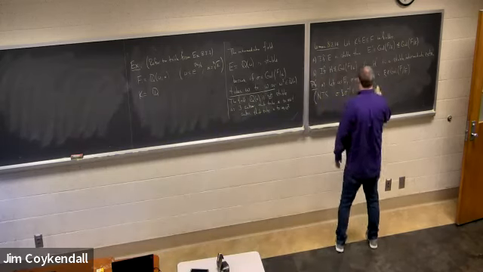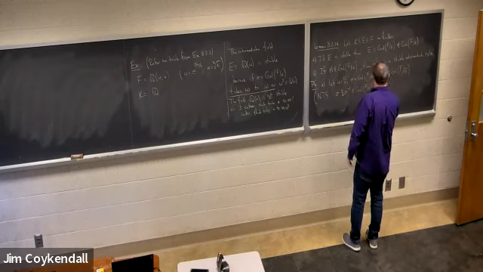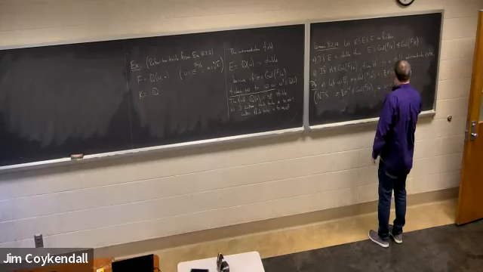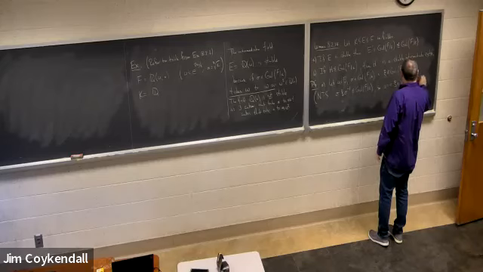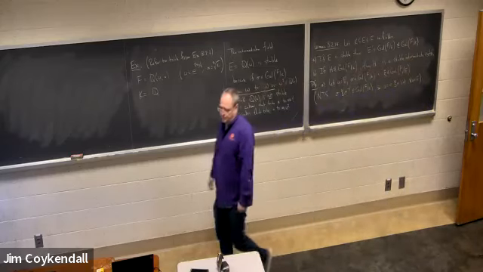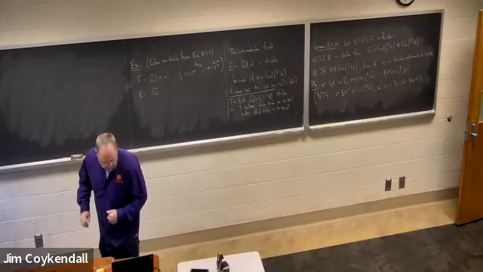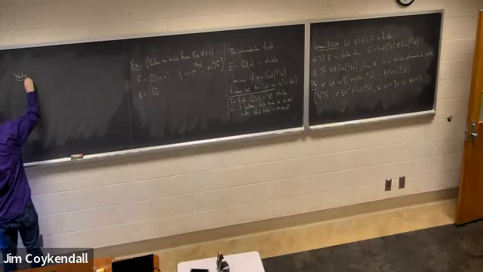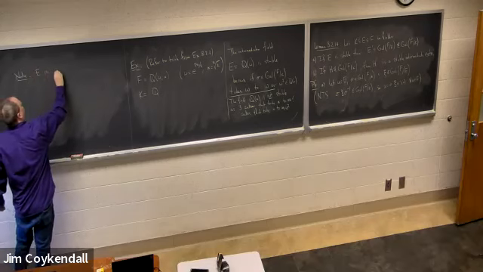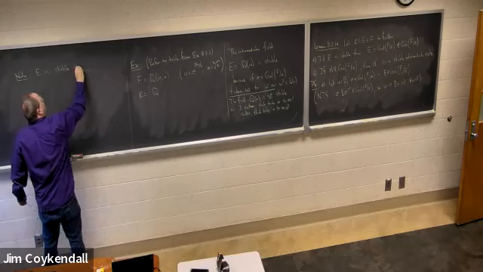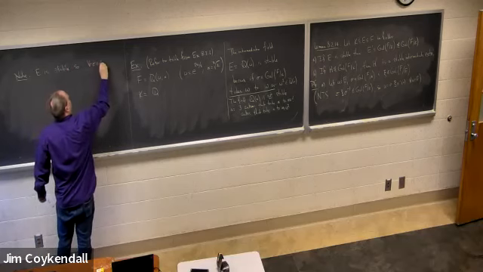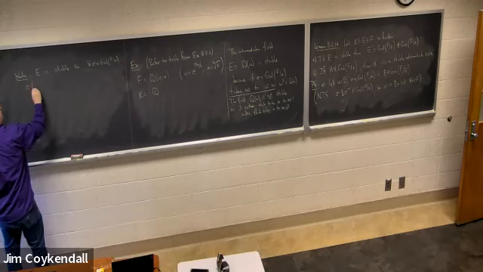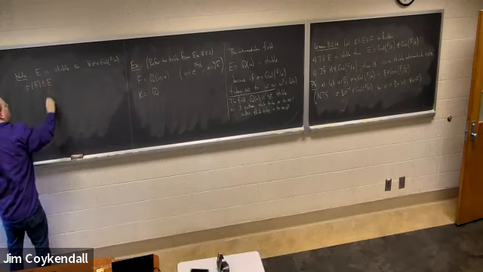Well, what we've got is E is stable. So for all sigma in the Galois group of F over K, sigma of E is contained in E. Right?